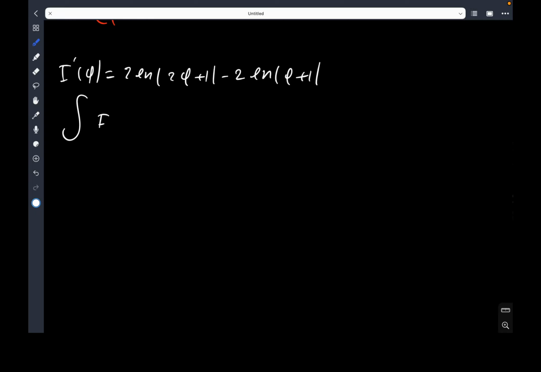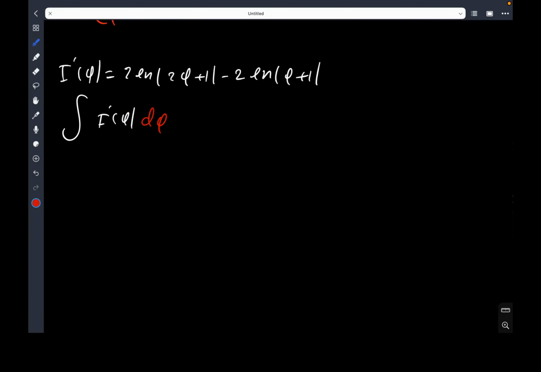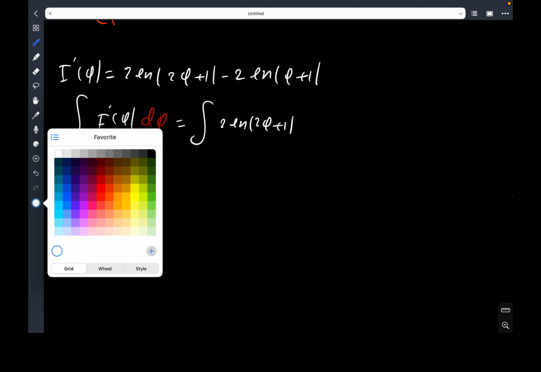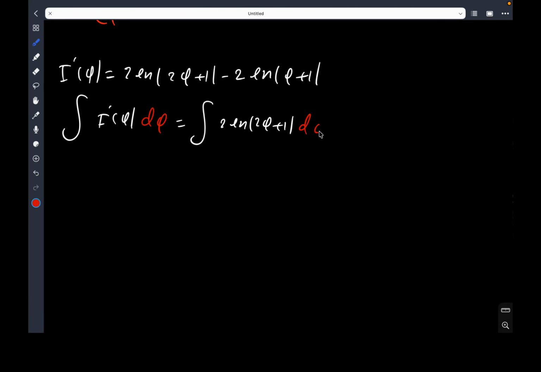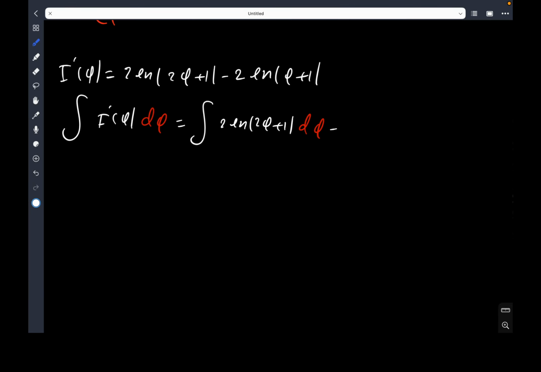So, the integral of I prime of phi d phi is equal to the integral of 2 ln of 2 phi plus 1 d phi minus the integral of 2 ln of phi plus 1 d phi again.